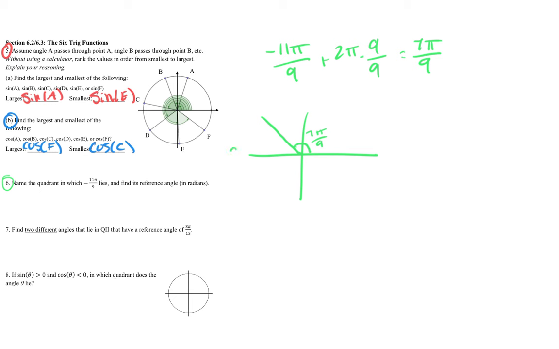So this would be 9 pi over 9, so our reference angle would be 2 pi over 9. So we are lying in quadrant 2, and our reference angle is 2 pi over 9.